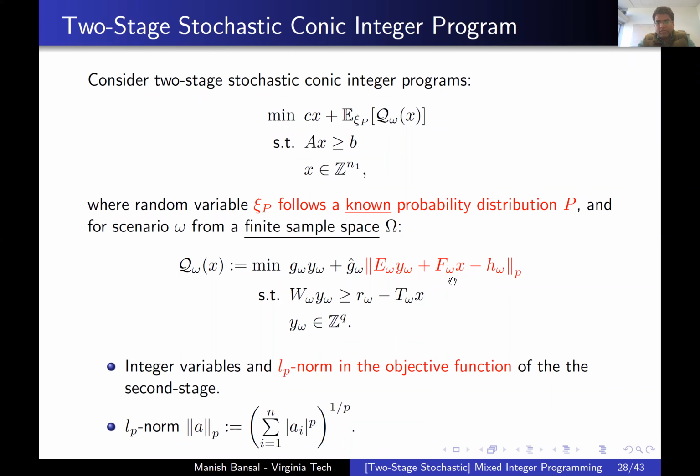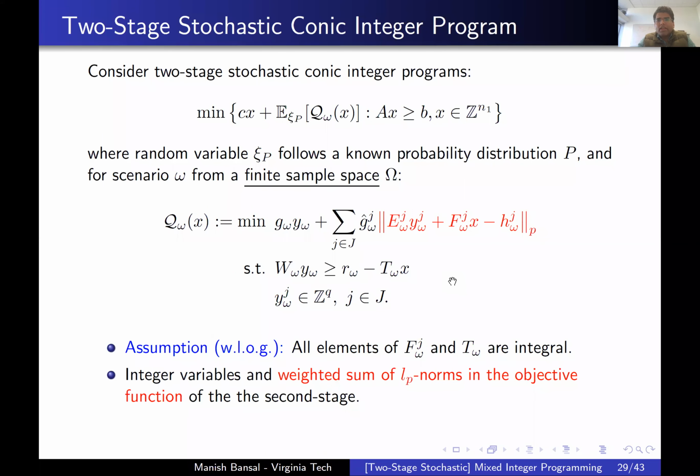And we said, let's further extend it by considering a weighted sum of LP norms, where each norm has a different set of integer variables, y_j omega, and these integer variables are connected by the linear constraint up here. We assume, without loss of generality, that the matrices F_j omega and T omega are integral. And we said, okay, let's see if we can do something with this type of problem.